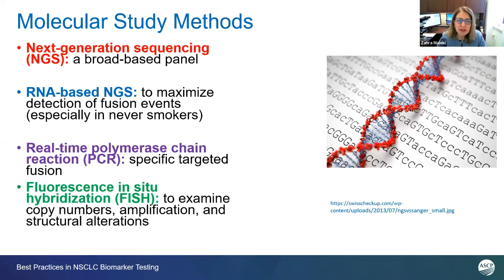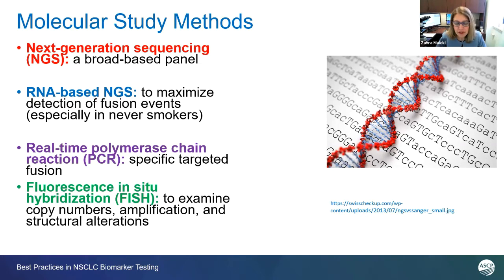Now, there are different types of molecular studies. Next generation sequencing is widely used, and it covers a broad-based panel. Also, there is another type of NGS, which is RNA-based. It maximizes detection of fusion events. PCR is more suitable for a specific targeted fusion.